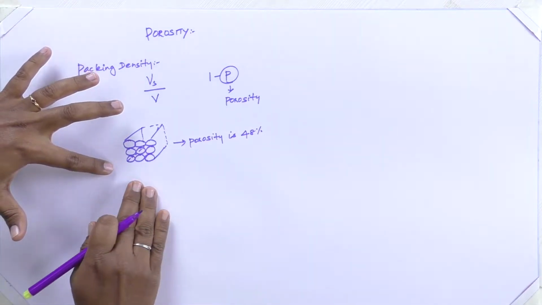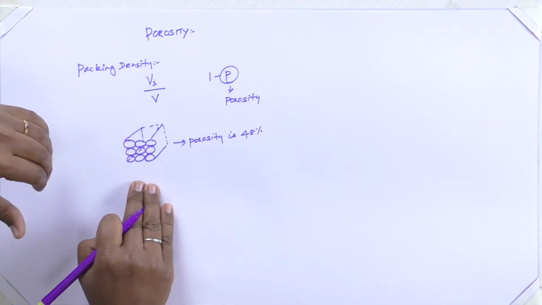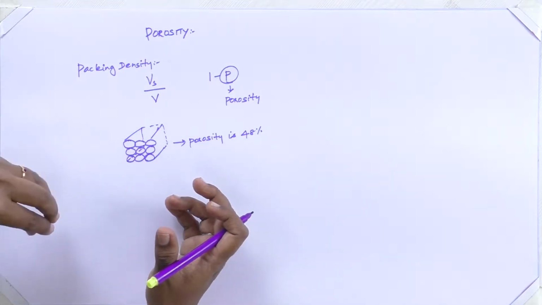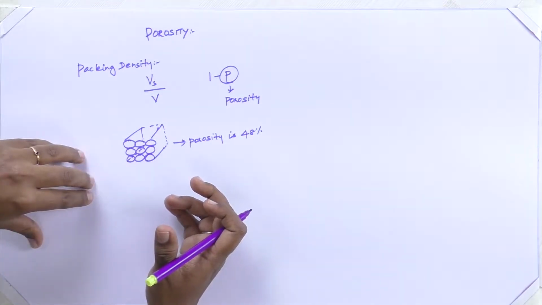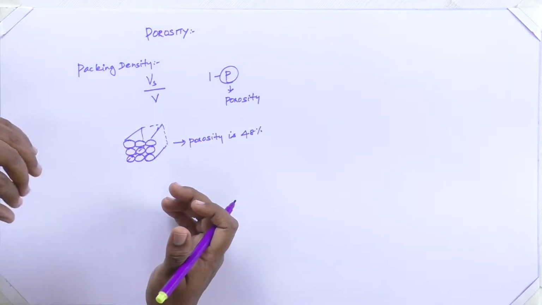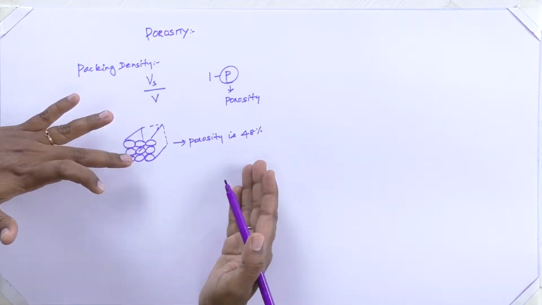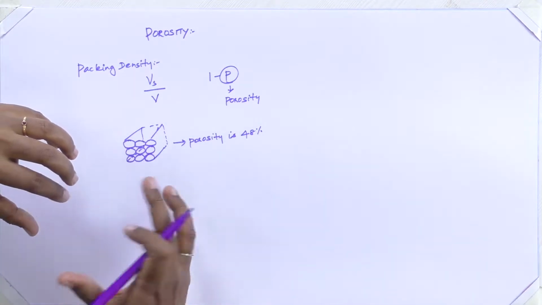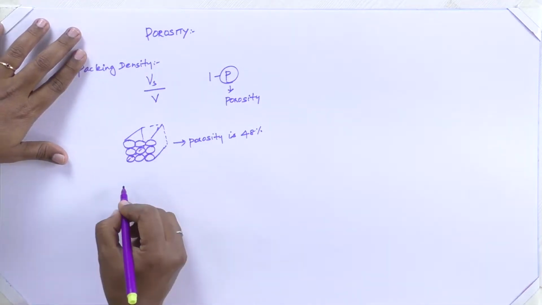If the same single sized aggregates are packed in a different manner, that is, body centered or face centered cubical manner, then the porosity percentage will vary depending upon the packing arrangement of particles.